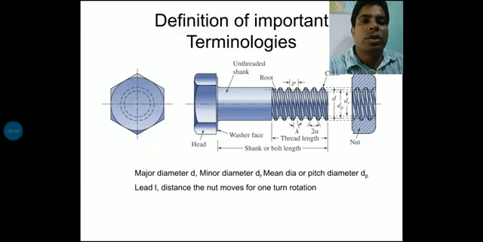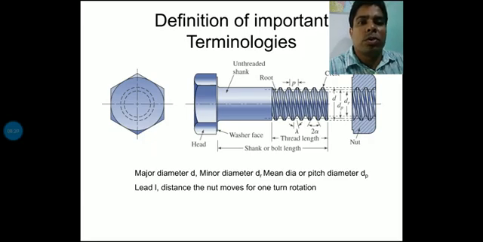Lead is obviously in l notation, and the other parts are the root, crest, etc. Then thread length and obviously the thread angle. So all the notation is expressed in this figure.